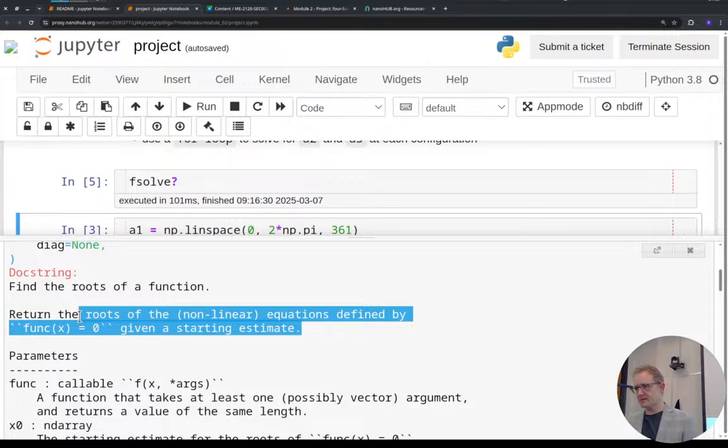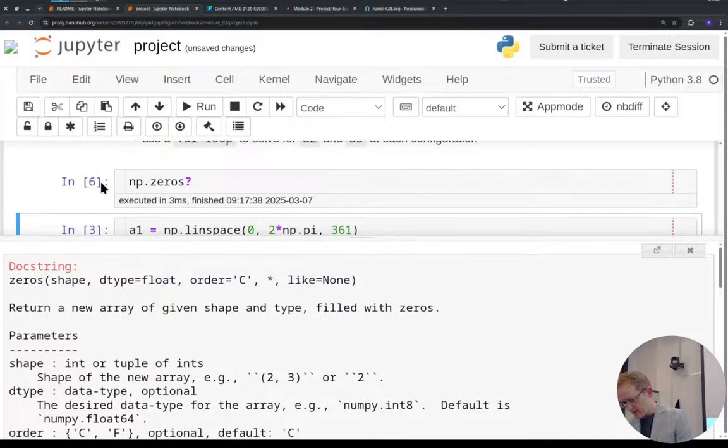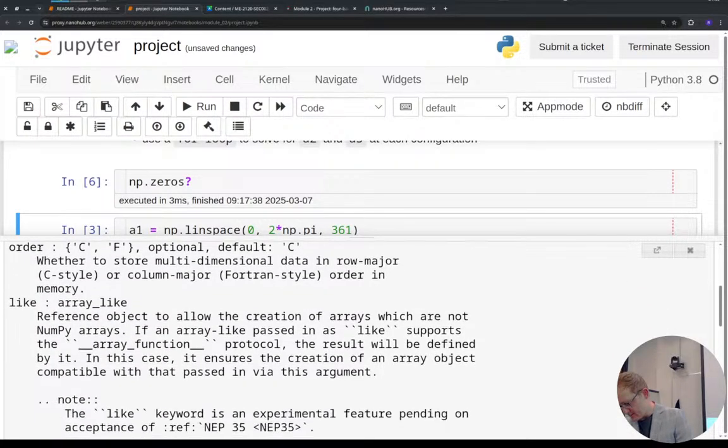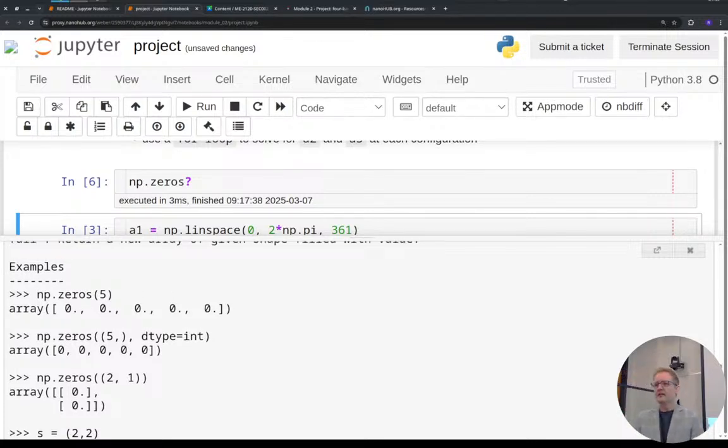What does an np.zeros function do? Here, this is my hack for looking at documentation: I look at the inputs and then scroll down to the examples.